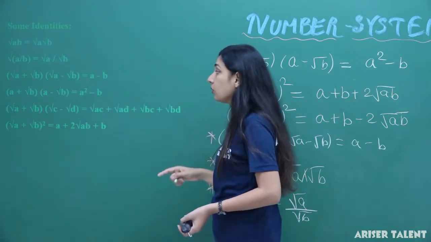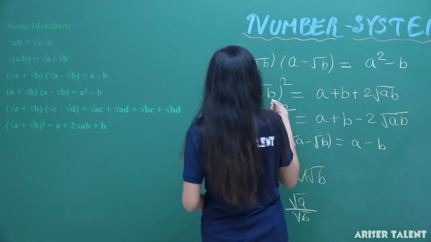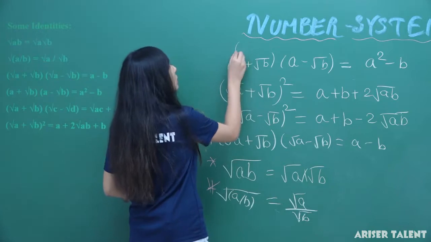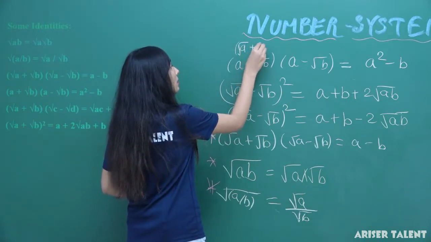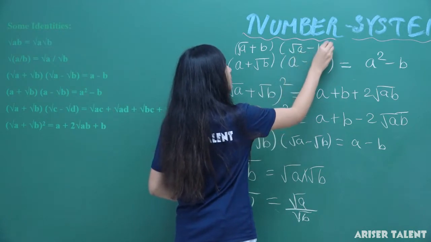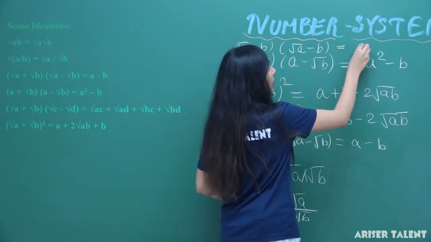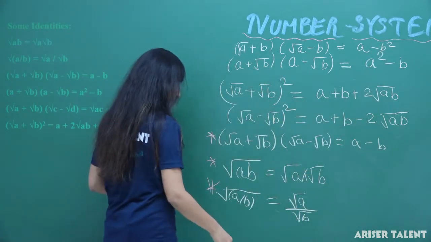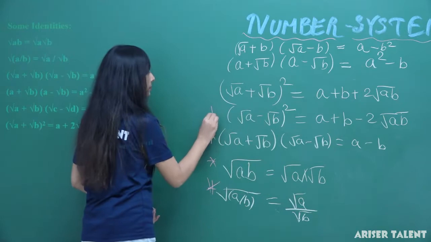Here is this value. Now if it is true, then we can also say that if I have this value as (root a plus b) and (root a minus b), then the value will be a minus b square. This is also true.